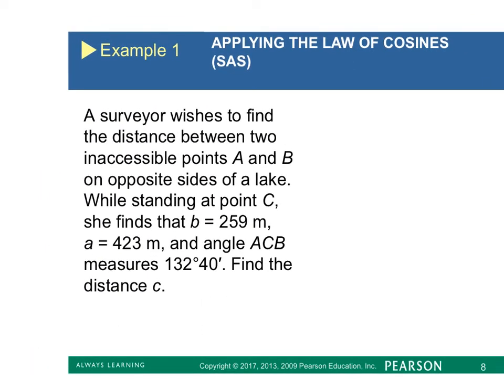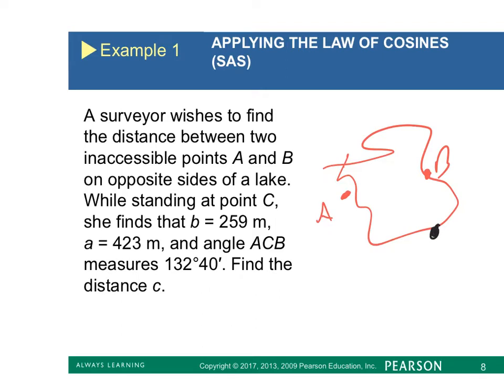Okay, example 1. A surveyor wishes to find the distance between two inaccessible points A and B on opposite sides of a lake. So my picture would have this lake, and I would have a point A over here, and I'd have point B over here, and they're on opposite sides. And while standing at point C, she finds out that, I'm making it up, I'll put C right here.